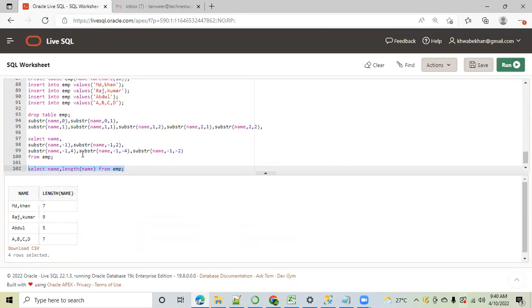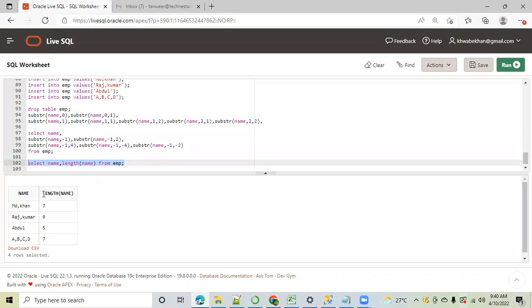Now, before answering your question, can anyone tell me what this length keyword does? What is the function of this? It's calculating how long the name is, means it's counting the number of characters, right? Correct.